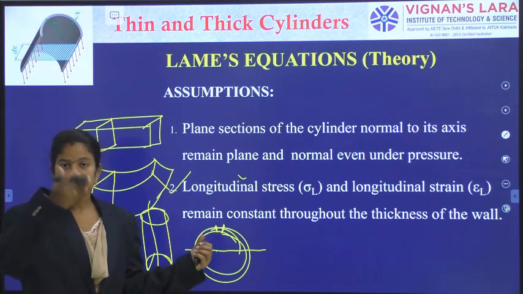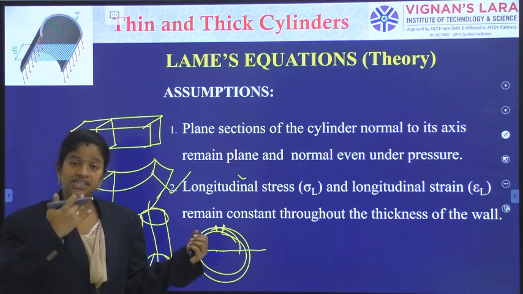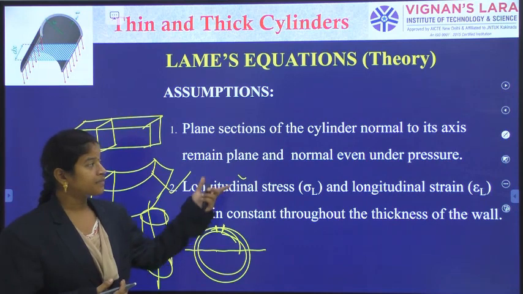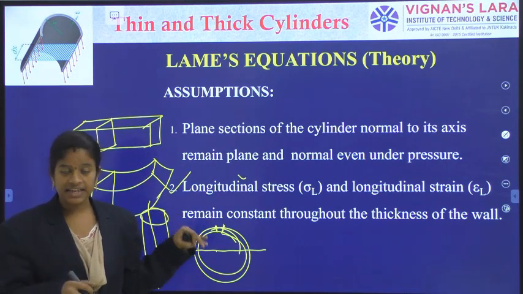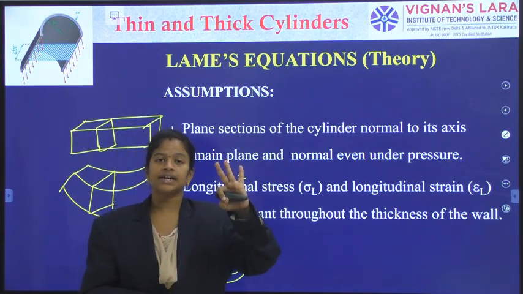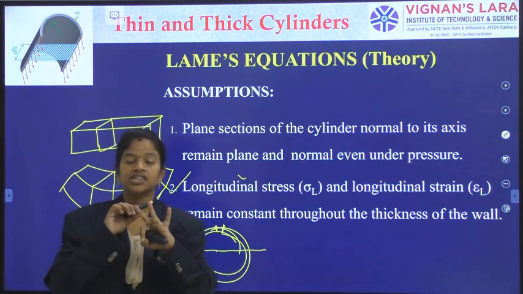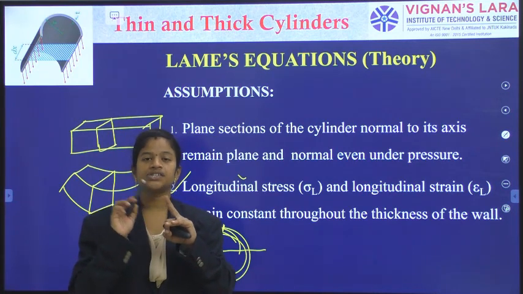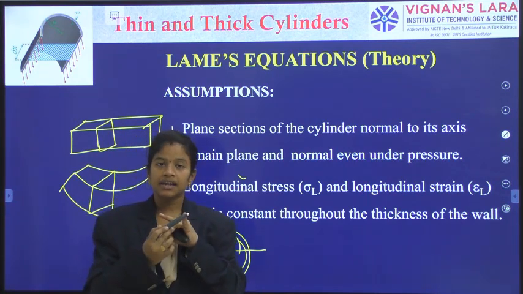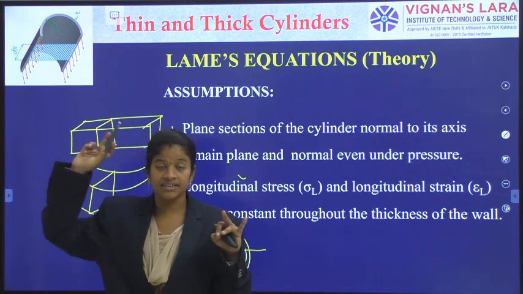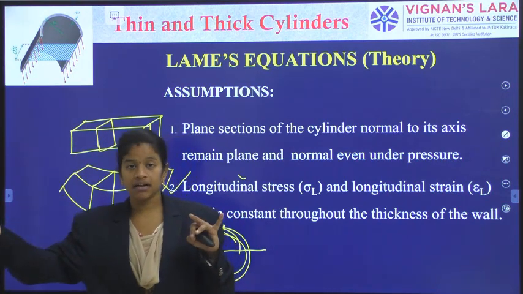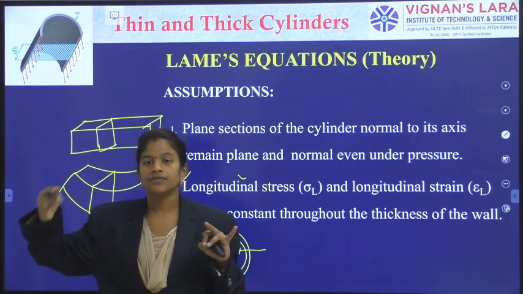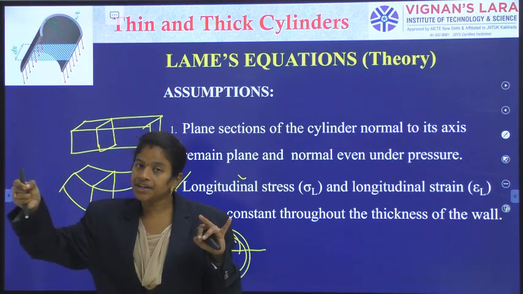Initially they mentioned the sections: the different sections normal to the axis of the cylinder remain perpendicular to the axis even after the pressure application. The next point is that we have three different types of stresses: circumferential stress, longitudinal stress, and radial pressure. The circumferential stress changes from point to point along the thickness. The radial pressure has the same nature, because outside it is zero pressure in the atmosphere and inside it has the fluid pressure, so the pressure changes from point to point along the thickness.